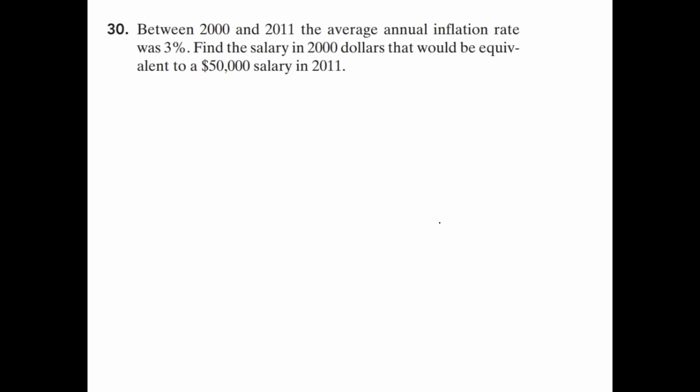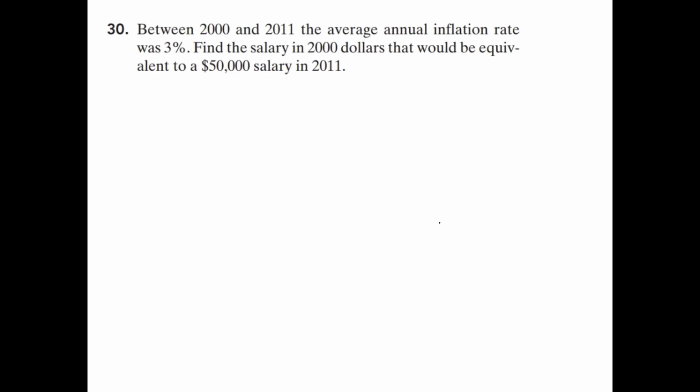Okay, so between 2000 and 2011, the average annual inflation rate was 3%. Find the salary in 2000 that would be equivalent to a $50,000 salary in 2011. Okay, so again, no simple interest here.